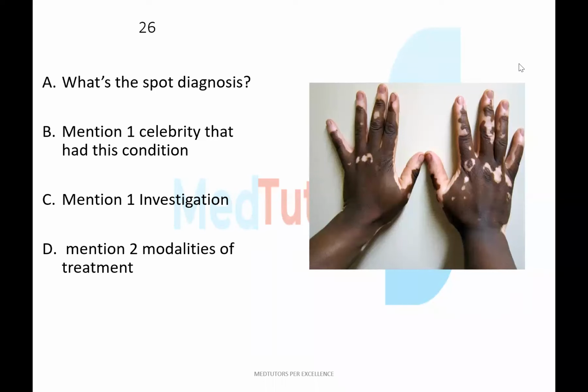Then the other treatments, we can use some oral medication. You can also use PUVA, and there are some other drugs. Melanocyte transplant can also be given. So those are some of the things that can be used.